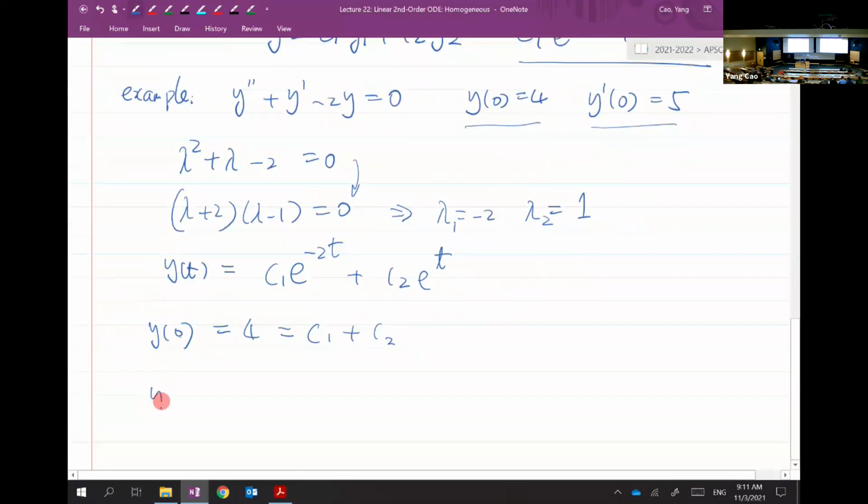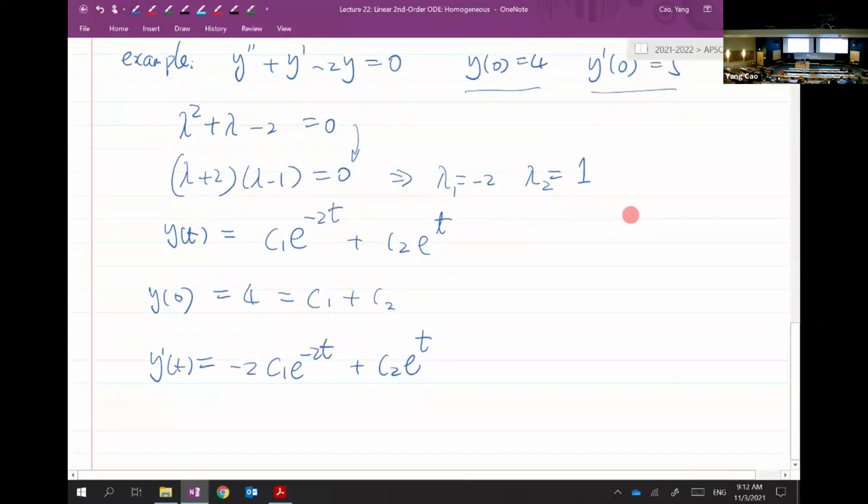And then next, first calculate the derivative of the general solution. So you get -2 C1 e to the power -2t plus C2 e to the power t. Now I apply my other initial condition. The derivative value at t equal to 0 is equal to -5.